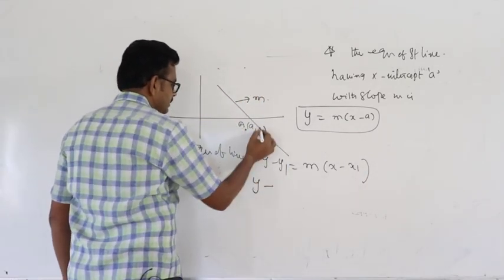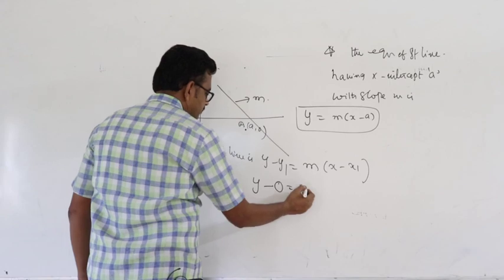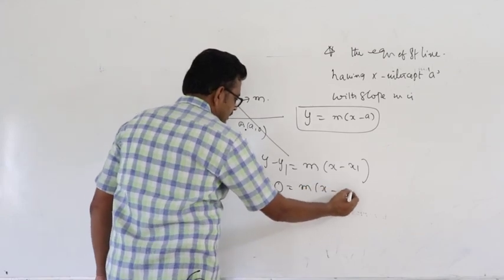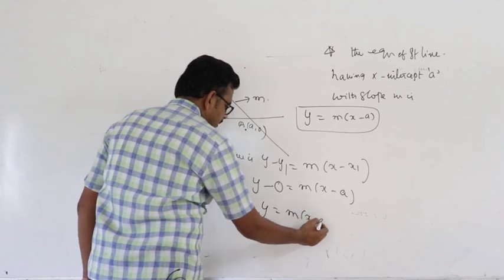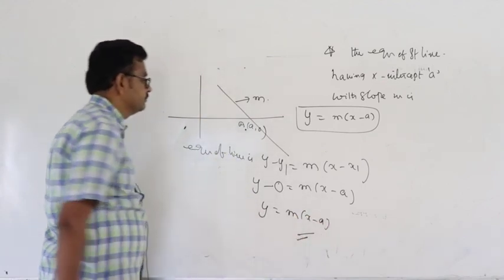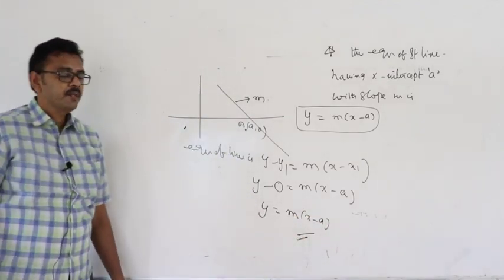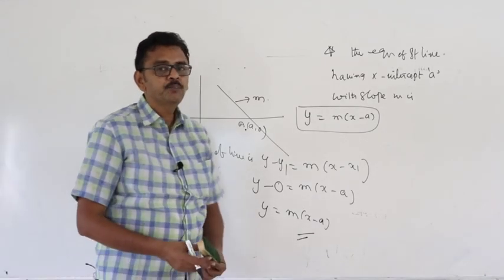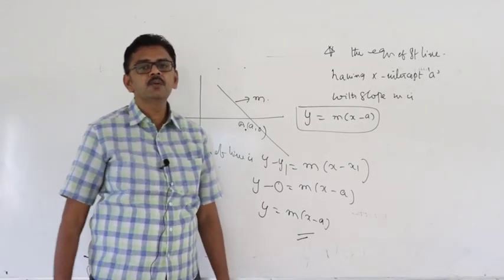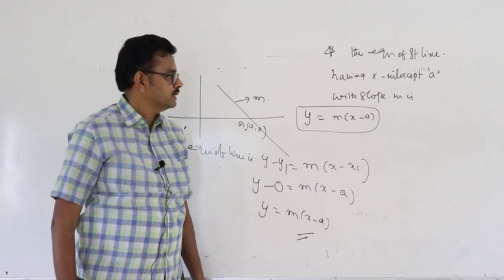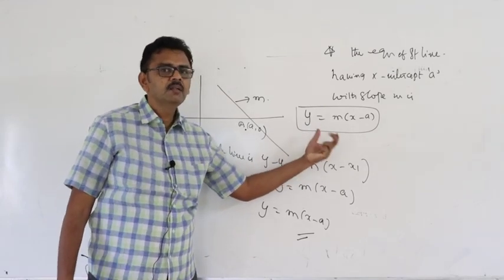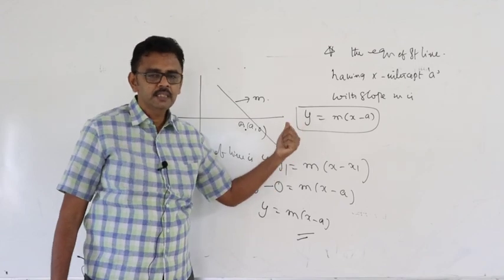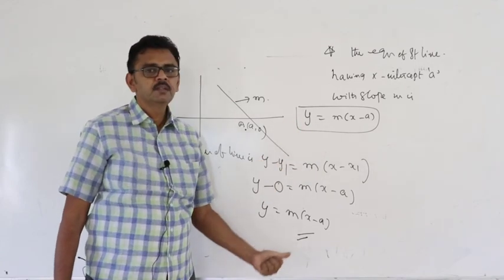Y minus y1 is 0. M into x minus x1 is a. Therefore, y is equal to m into x minus a. These are the basic points to solve the problems in locus. Okay, we have an idea about all these two-point form, intercept form, slope point form.